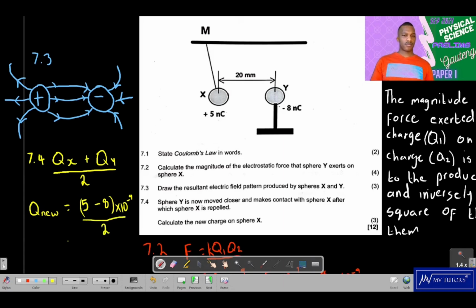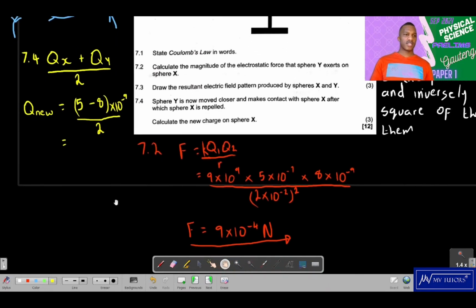Now you have to include the minus sign because it's the direction. But what's 5 minus 8? 5 minus 8 is minus 3.